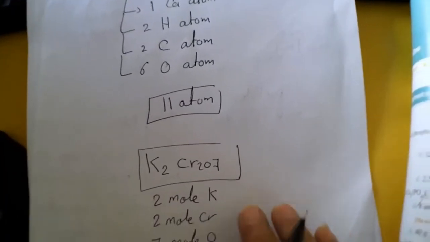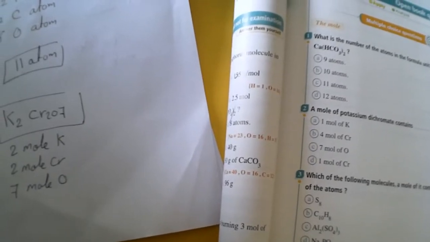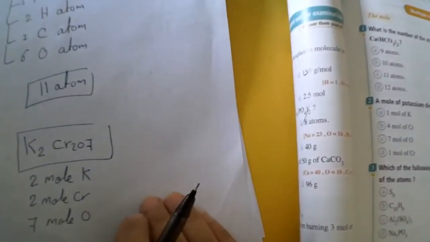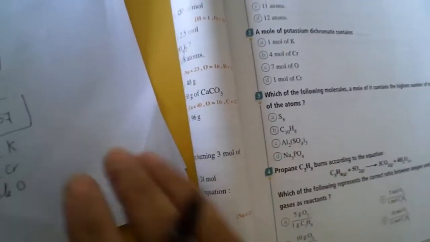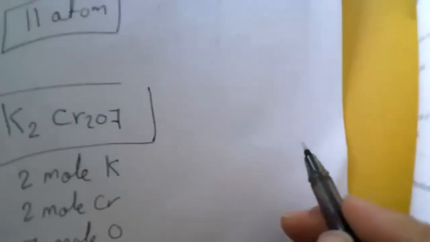Then, which of the following molecules, a mole of it contains the highest number of the mole of the atoms? So I need to find the highest number of the atoms. We have S8. S8 contains 8 mole of atoms.